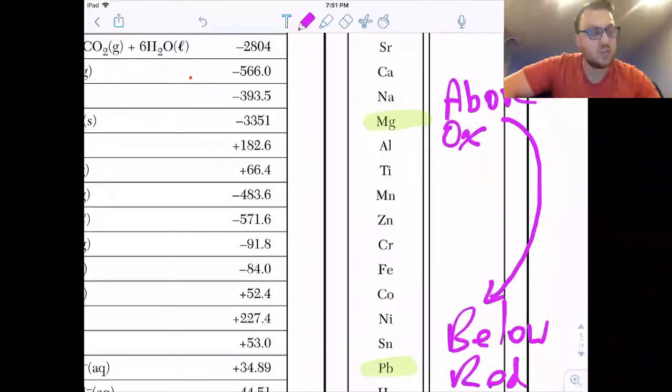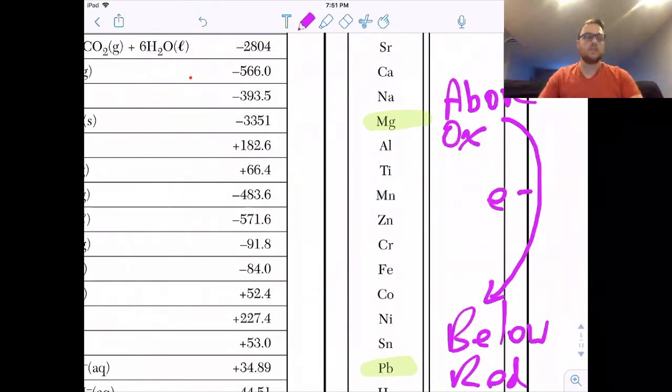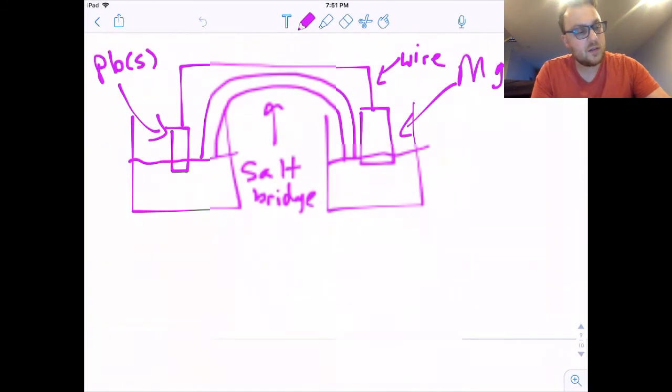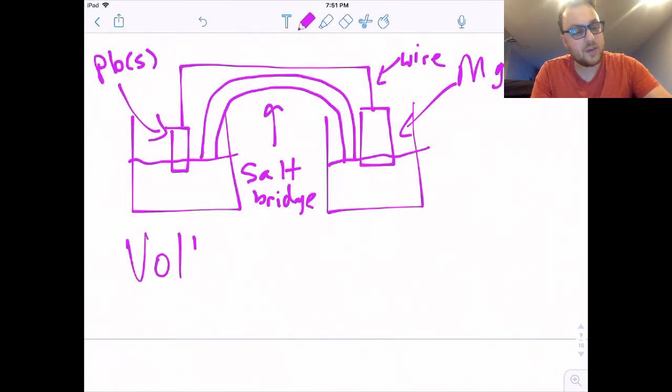So, how do you know if a reaction is spontaneous? A voltaic cell, which looks like this. Voltaic is always spontaneous. A voltaic cell makes electrical energy.